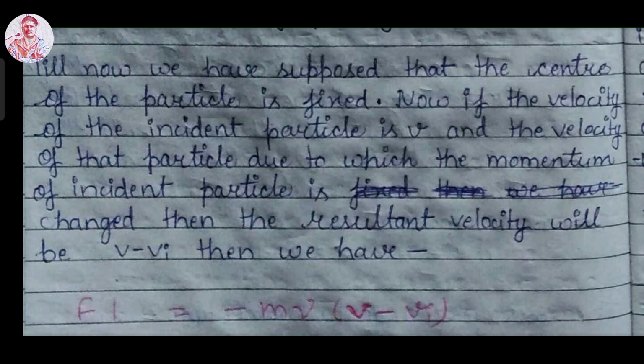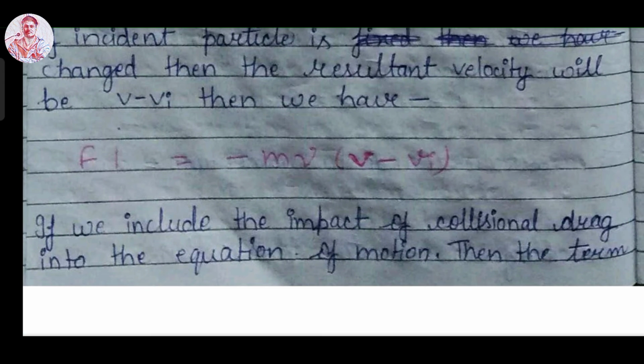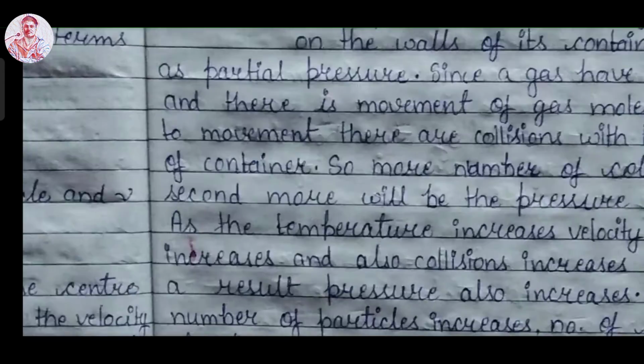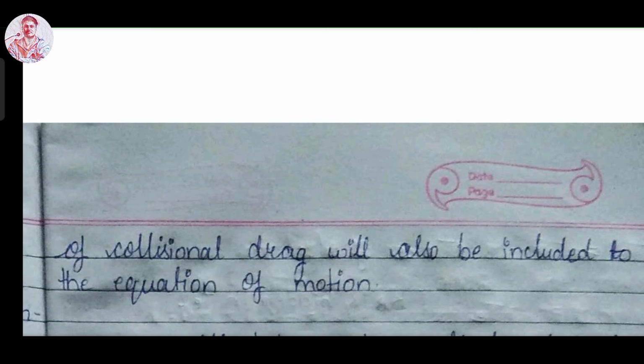Now if the velocity of the incident particle is v_i and the velocity of the particle whose momentum is changing is v, then the resultant velocity is v minus v_i. Then the force will become F equal to minus m nu times (v minus v_i). If we include the impact of collisional drag in the equation of motion, then the term of the collisional drag will also be included in the equation of motion.